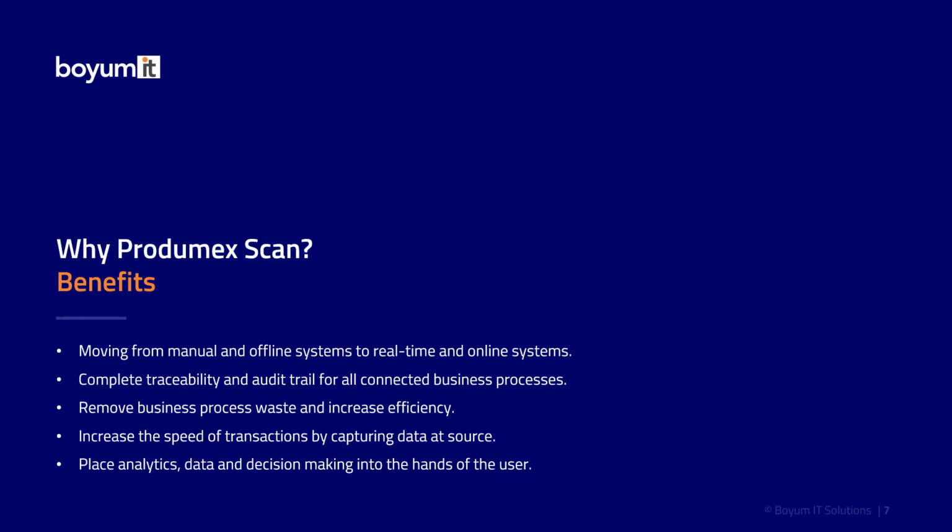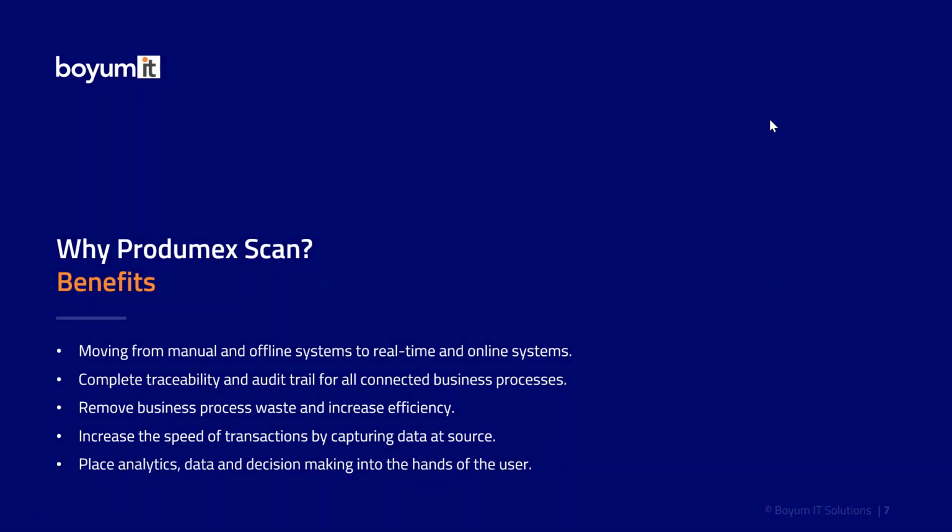We remove business process waste and increase efficiency, and also we increase the speed of transactions by capturing the data at the source. We move from manual and offline systems to real-time and online applications that communicate with SAP Business One at that moment, and all our transactions are posted in our database.